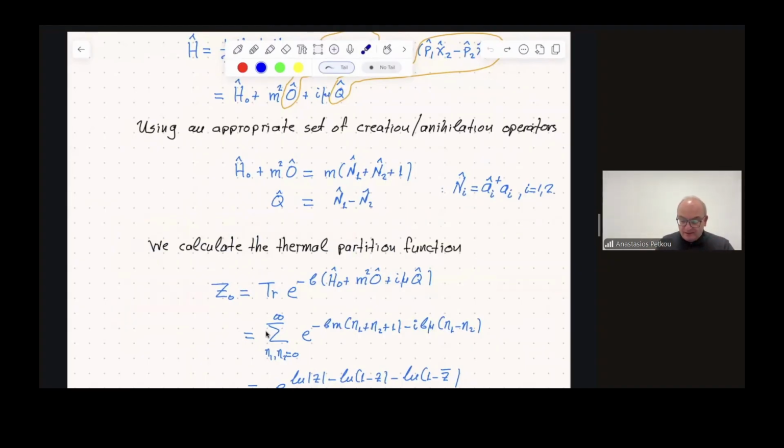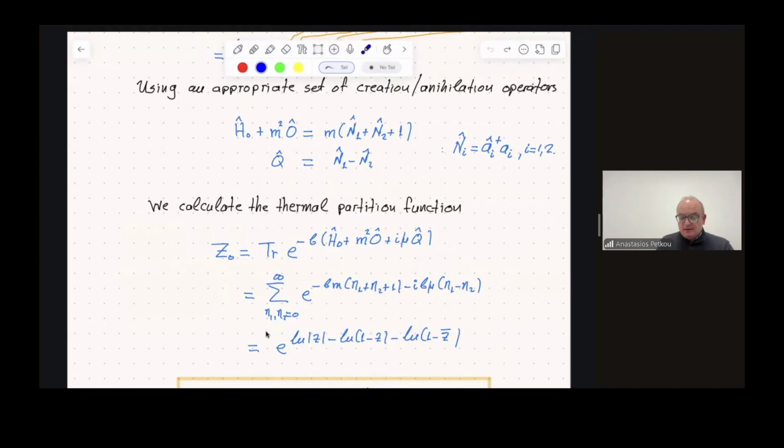You have to combine the usual annihilation and creation operators to find this. Okay, you can write the Hamiltonian plus the mass square term as a sum of these number operators, and you can write down the charge as the difference.